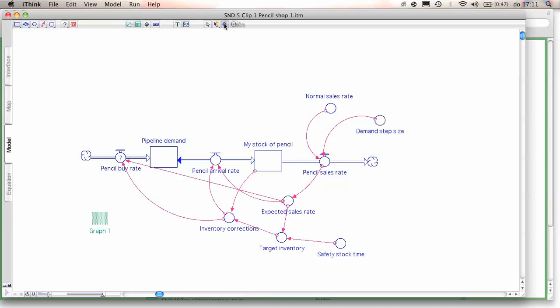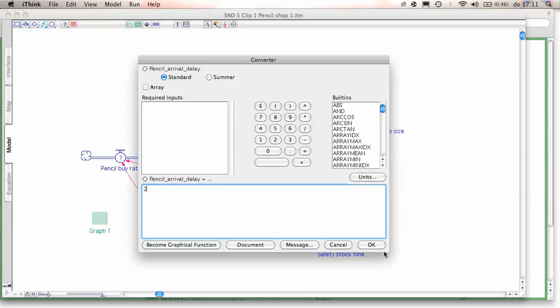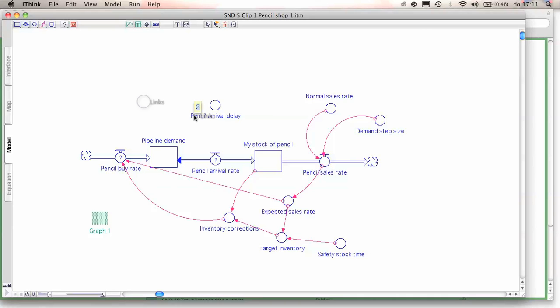We can take these things off here, and there is simply an arrival delay. And as I said, let's make that 2 days also. Not at all essential.